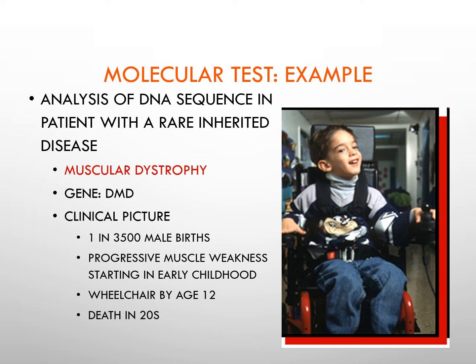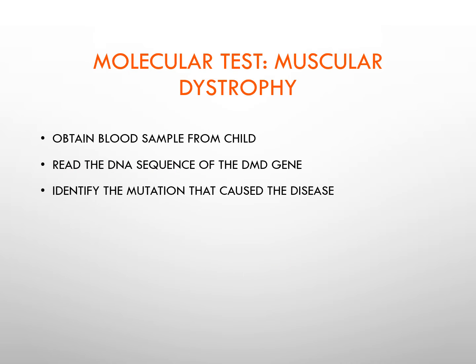These children may be using a wheelchair by the age of 12 years and may die in their 20s. In the case of muscular dystrophy, the molecular test is done by obtaining a blood sample from the child, reading the DNA sequence of the DMD gene and identifying the mutation that caused the disease.